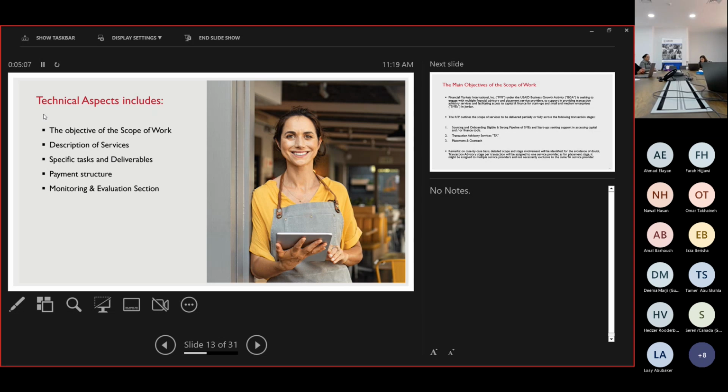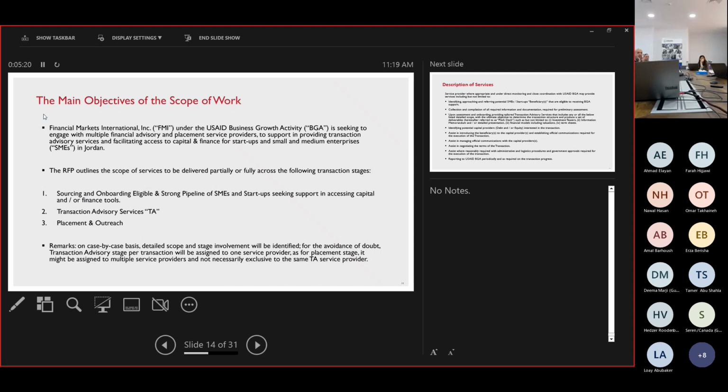As mentioned in the introduction, FMI is the implementing partner for the Business Growth Activity under USAID.